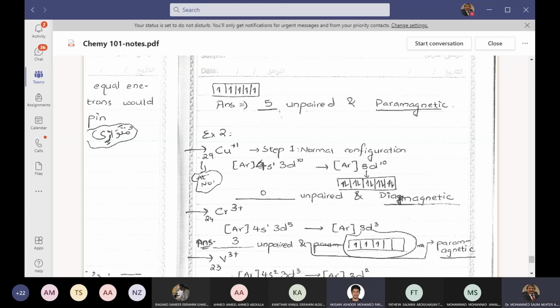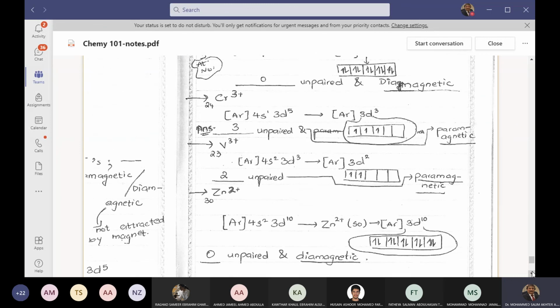Para. My friend, don't even think if you have 1 unpaired or 2 or 3 or 4 or 5 unpaired; I cannot have 6 unpaired. So immediately para, and if it is all paired, it is diamagnetic.